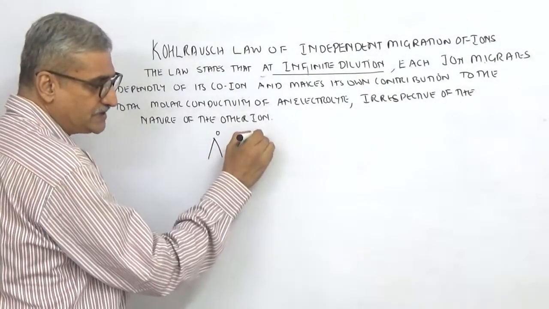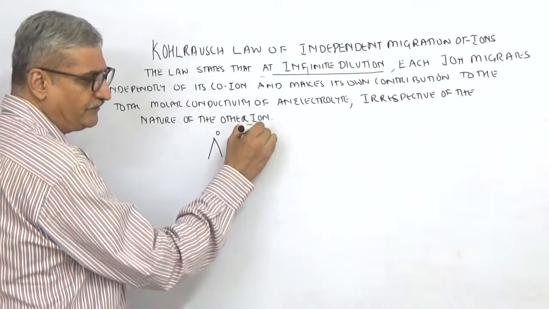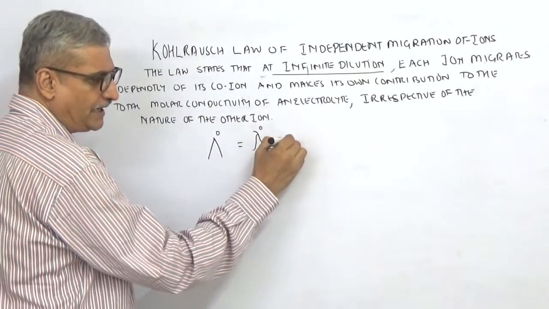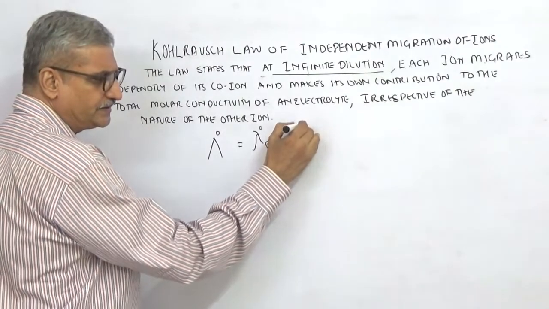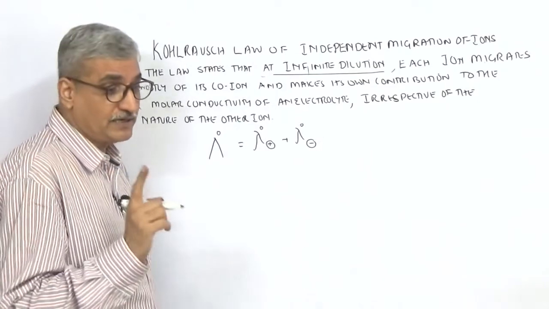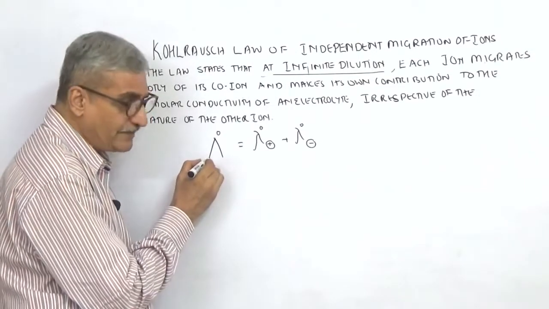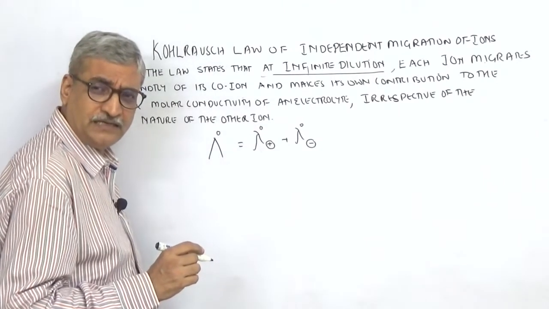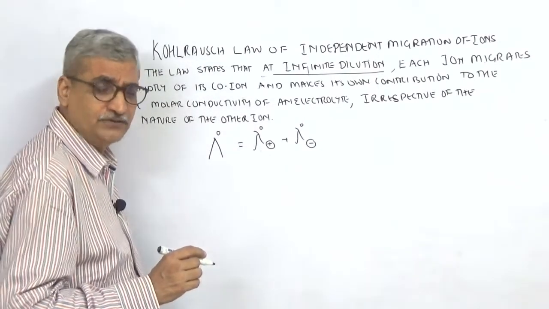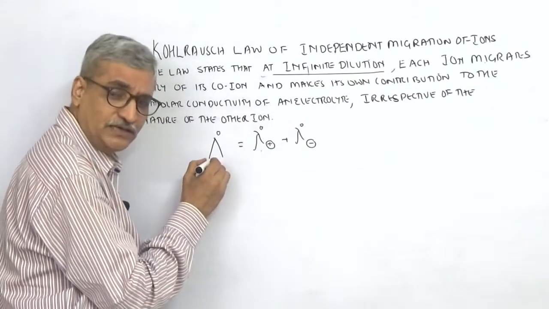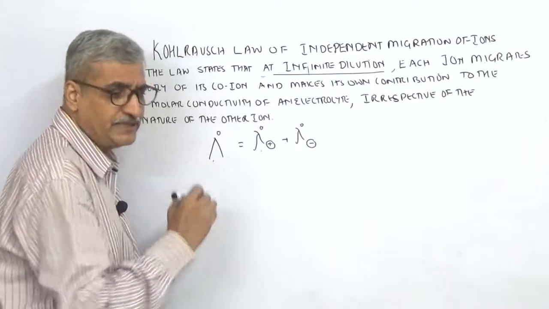Will be the sum of the conductivity at infinite dilution of the cation and of the anion. So try to understand what I have done. While writing, this was kappa and this is lambda. Molar conductivity at infinite dilution for individual ions is represented as lambda naught. For the salt, for the electrolyte, it will be kappa.